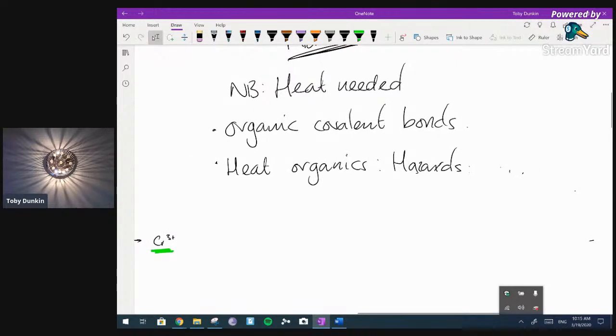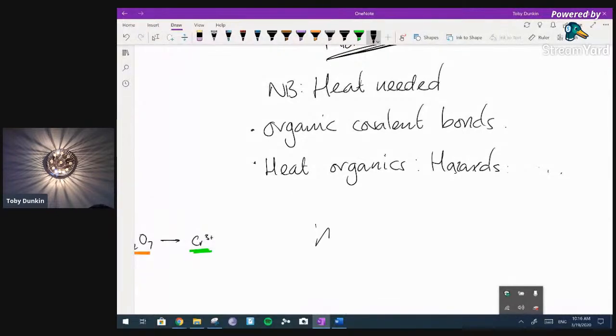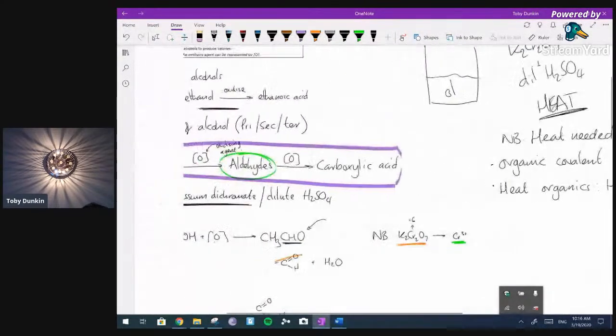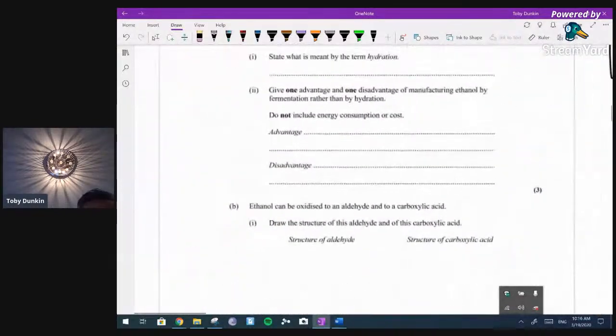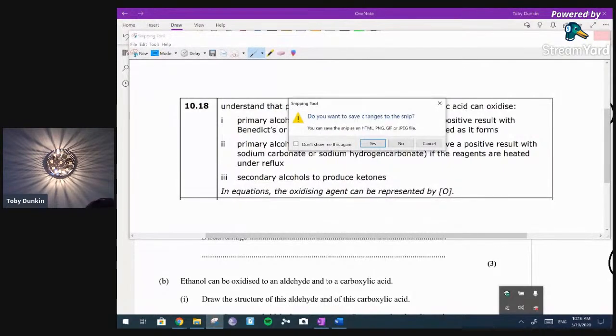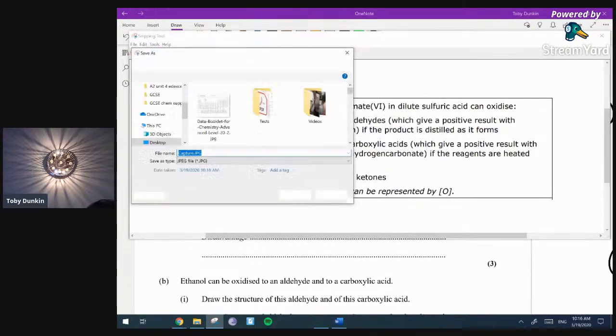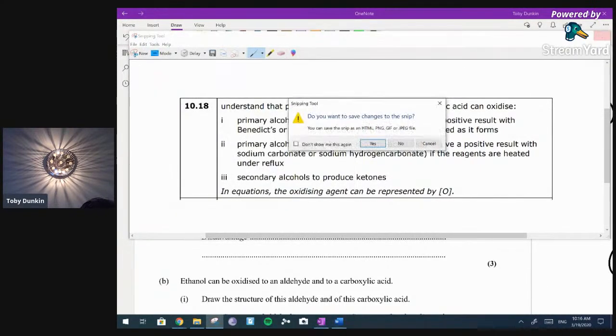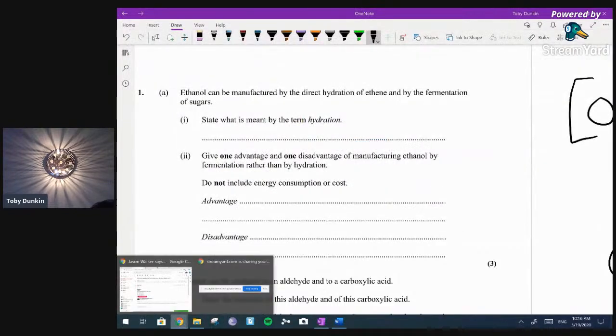Do you know what I'm going to do, I'm going to come back to this since I'm just having a slight issue with my pen, and I'm pretty sure it's just the battery and I haven't charged it. So I'm going to go and have a look at some exam style questions and talk you through them. So, explain what is meant. Maybe my laptop is struggling in terms of performance.